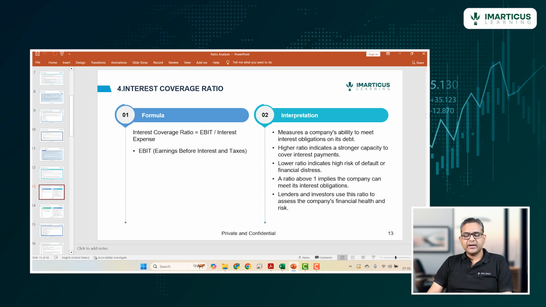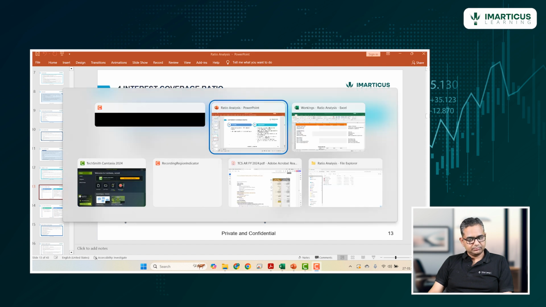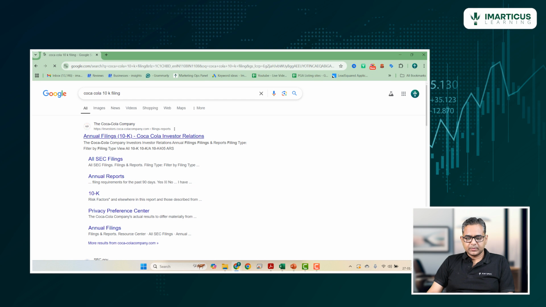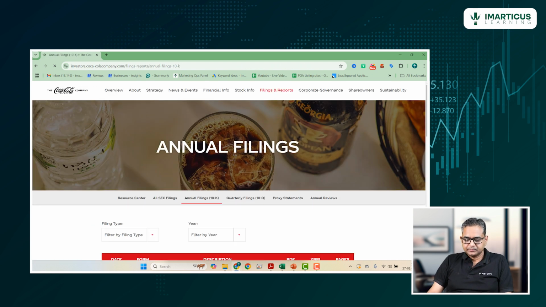It is calculated as EBIT upon interest expense. EBIT is earnings before interest and tax. So if we look at the structure of income statement, trying to look at the annual filing of Coca-Cola.